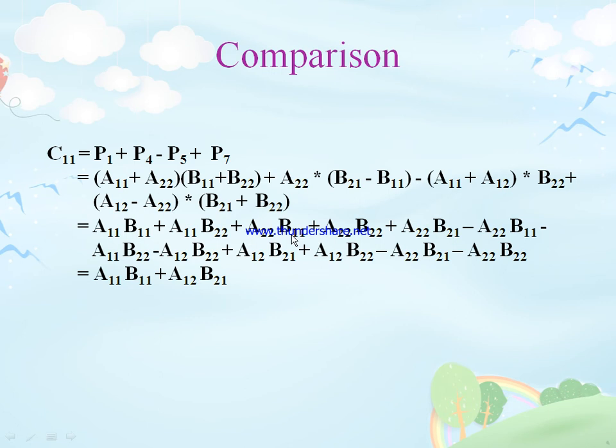And A22 B11, minus A22 B11. And next A22 B22, here A22 B22. And A22 B11, A22 B11.